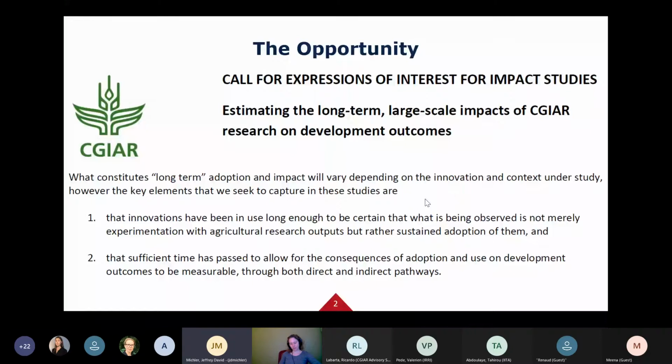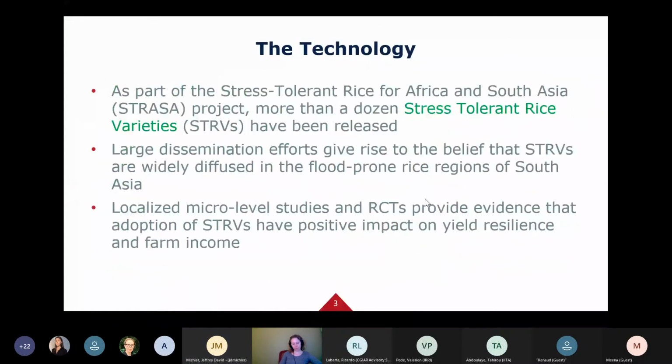So there's this great opportunity to try and measure long-term adoption and large-scale adoption. And the technology that we felt was best suited to this was stress-tolerant rice varieties. So Strasa, which was a multi-CG center project, had released at least a dozen stress-tolerant rice varieties over the past decade and a half.